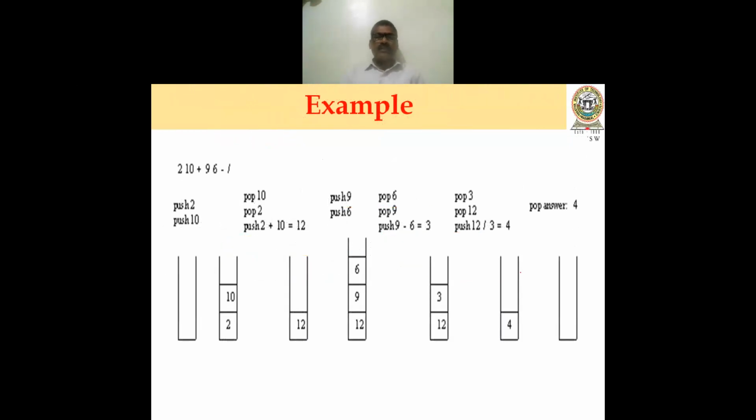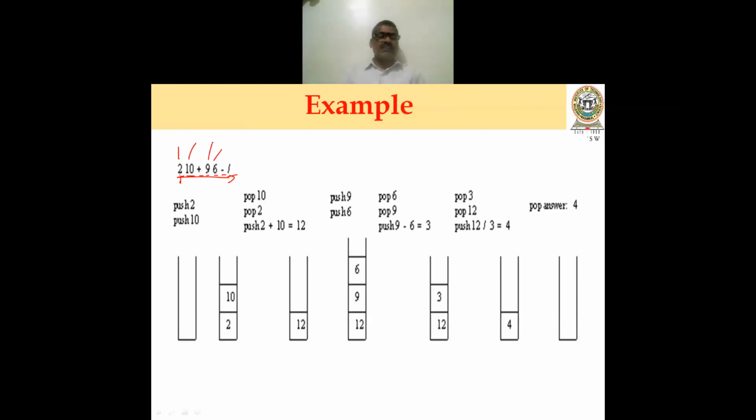So we will take an example here. The expression given is 2, 10, plus, 9, 6, minus, slash. The 2, 10, 9, 6 are the operands, and plus, minus, slash are the operators. We scan this expression from left to right till we reach the end.